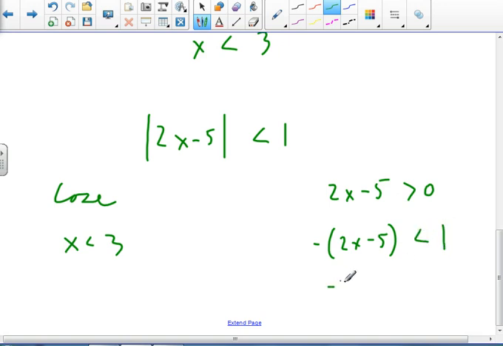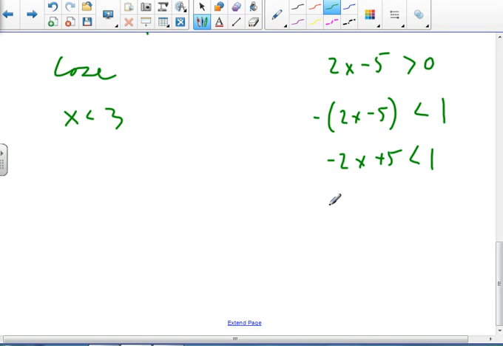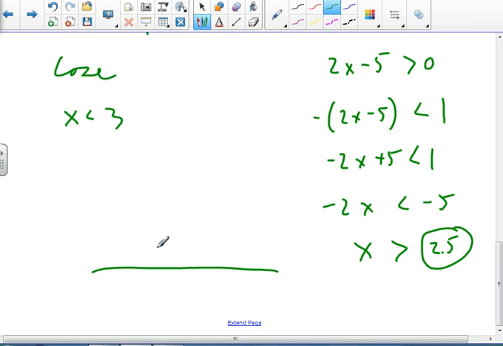So that'd be minus 2x plus 5 less than 1. And then minus 2x less than minus 5, x has to be greater than 2.5. So now my answer is going to be between 2.5 and 3. And do we include both of them or exclude both of them? You would include them. So we're going to include both of them.